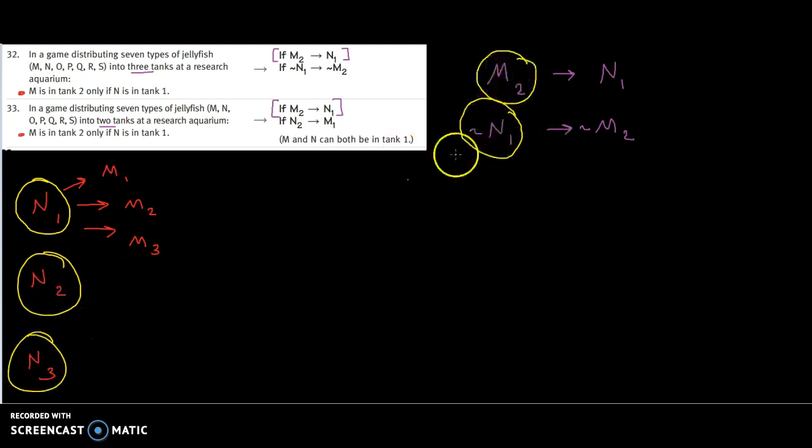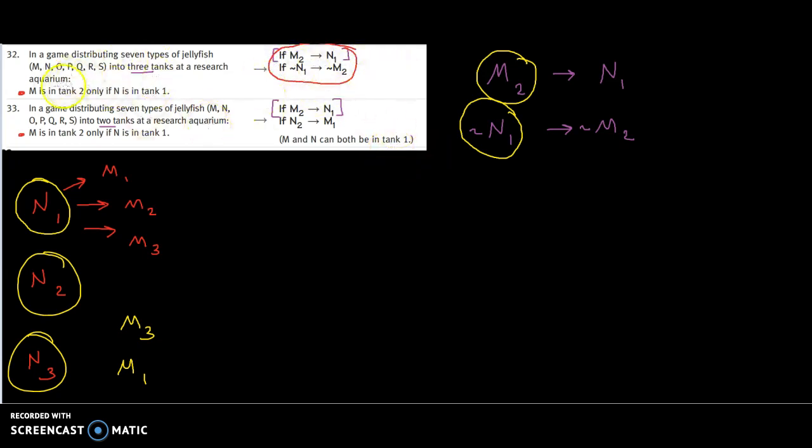What about N3? Nope. The same thing goes. We made a deduction about M2, but what can we deduce about M3? Nothing. What can we deduce about M1? Nothing. We have to stop. And that's why they concluded that the only thing we can deduce from this scenario is the rule itself and its contrapositive. And we have to stop.